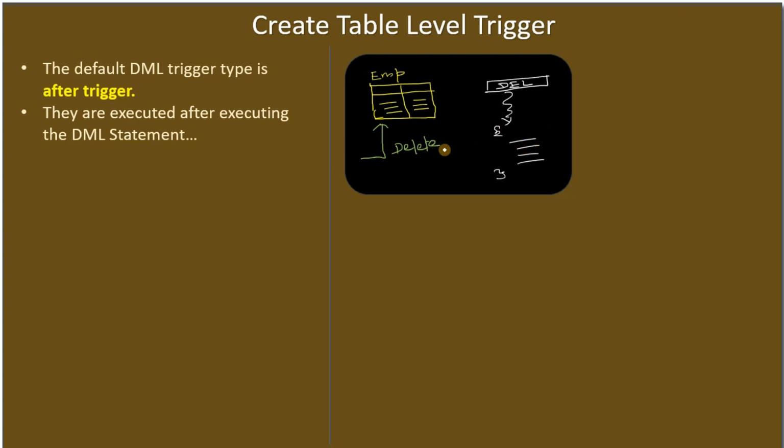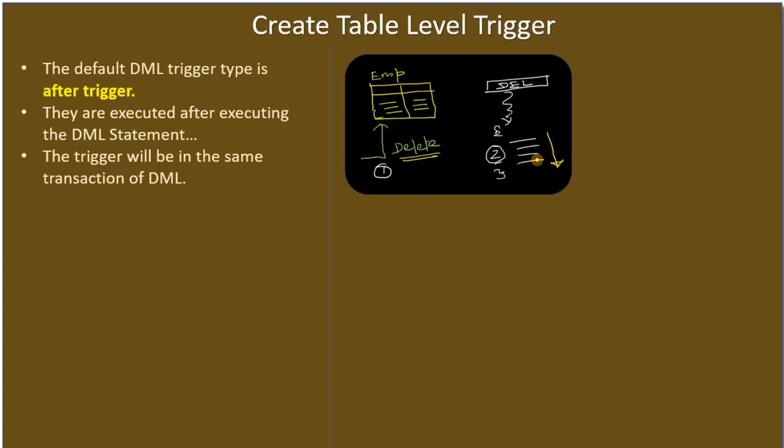That means the DML statement will be executed first. After that, the body defined for the trigger will run. The trigger will be in the same transaction as the DML statement. So that means if a transaction begins here with the delete statement, it still runs in the body as well.